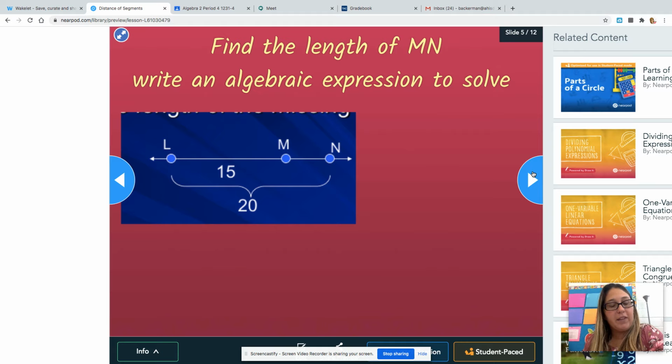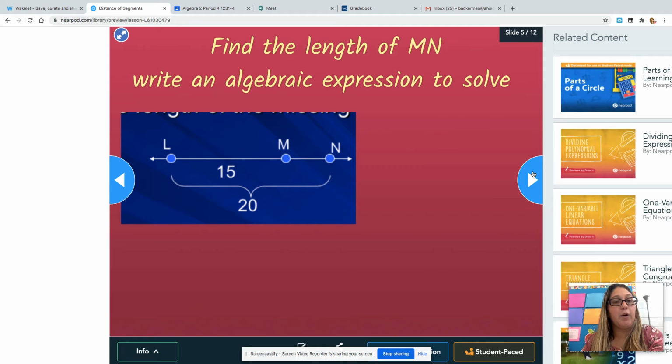And right now, that kind of seems silly because you're like, well, I can easily do 20 minus 15 in my head and get 5. But when I start adding harder algebraic expressions, this simple process still needs to be used with the tougher questions. So it's good practice to start getting your brain to say, okay, 15 plus x equals 20.